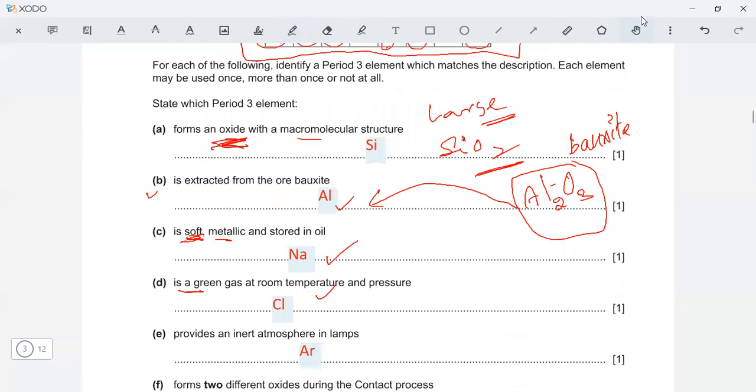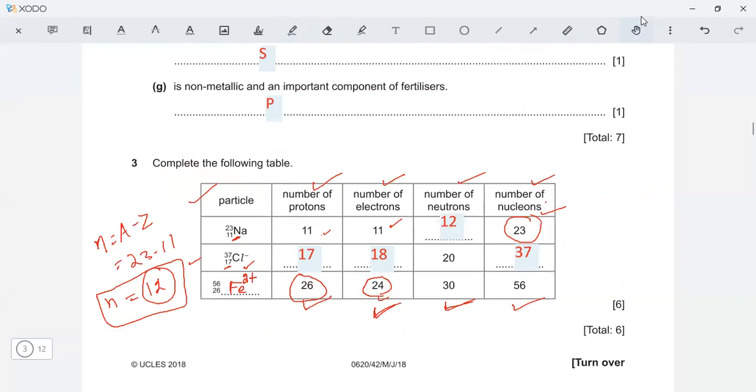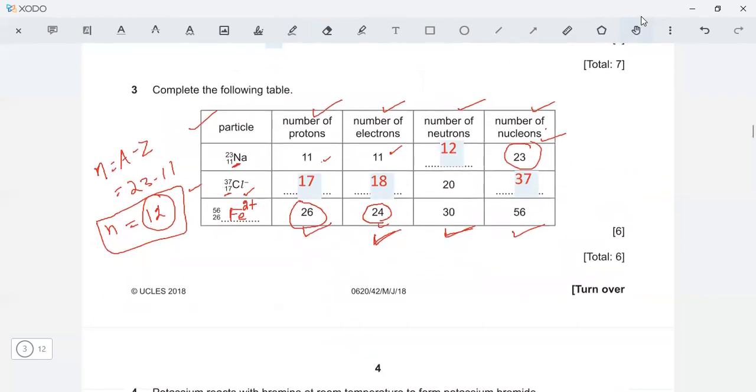Okay, so next question is number 3. Number 3 says to complete the following table. In the table, it is already mentioned particles, sodium, chlorine, ions, and there are boxes given that have to be filled with the answers.